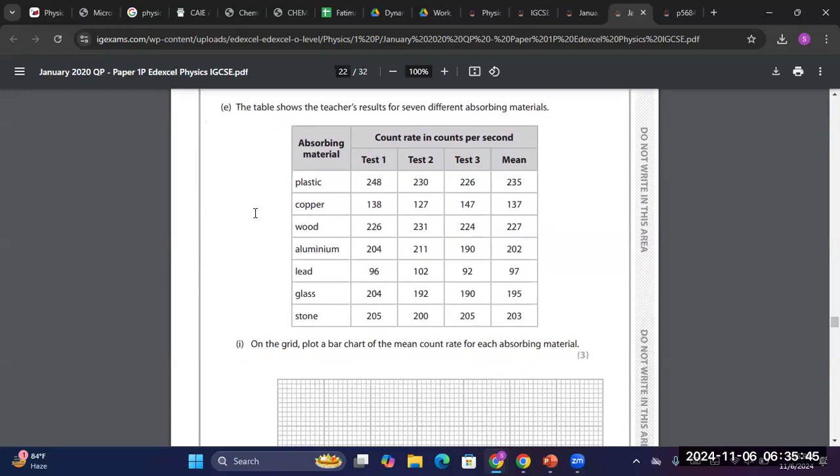The table shows the teacher's results for 7 different absorbing materials. On the grid, plot a bar graph of the mean count rate for each absorbing material. Please go ahead and take a screenshot of the table. Let me know when you guys are done. Done. Okay, give me 1 second. Let me share.